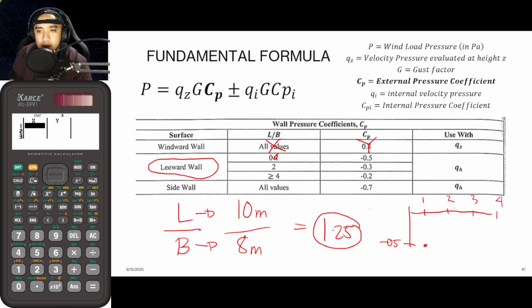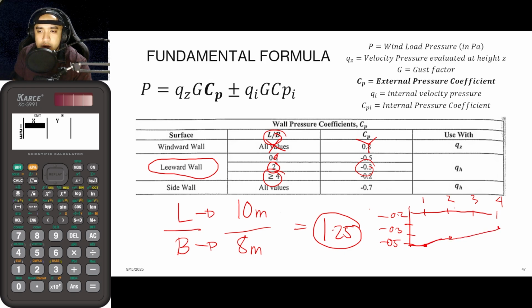If, let's say, the value of x is equal to 2, the value of CP is equal to negative 0.3. Then, if the value of L over B is greater than or equal to 4, the value for CP is equal to negative 0.2. If I am to trace them, it might look like this.